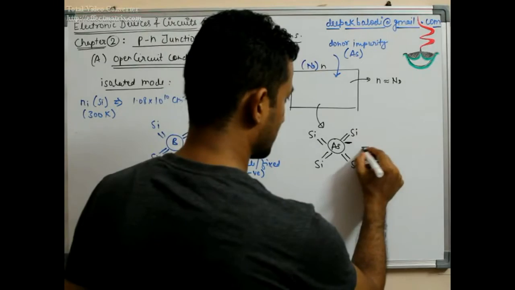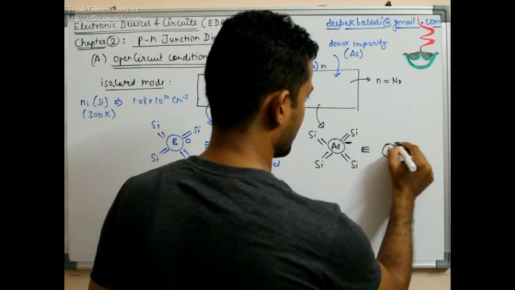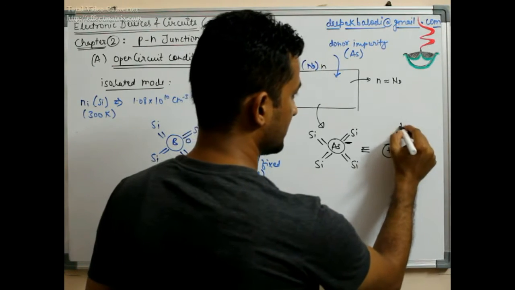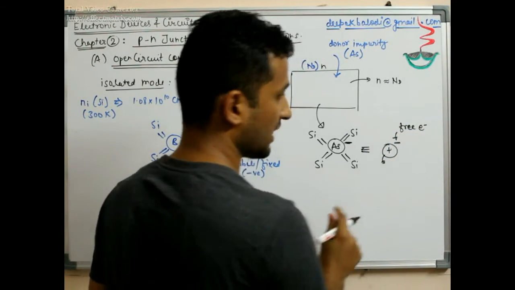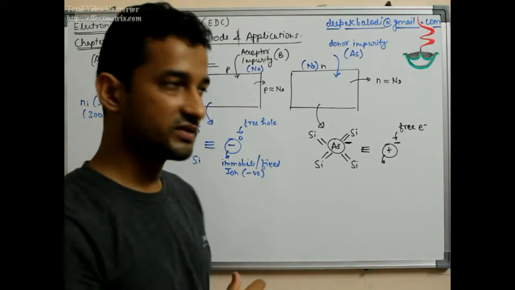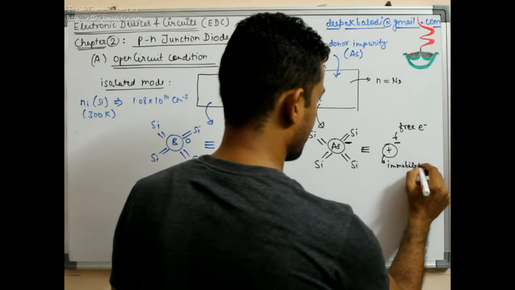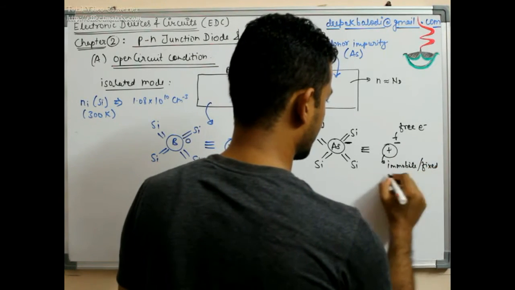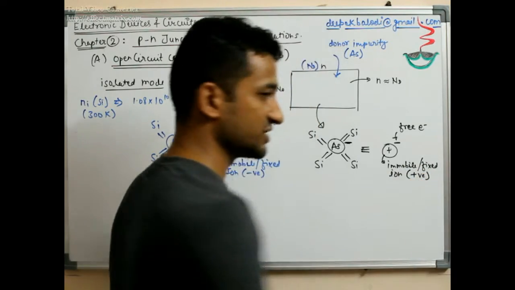Then in the shortcut we can represent it like this, where this indicates the free electron, and the remaining atom becomes actually a positively charged ion, that is immobile or fixed ion, which is positively charged.